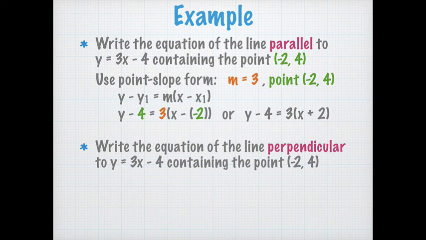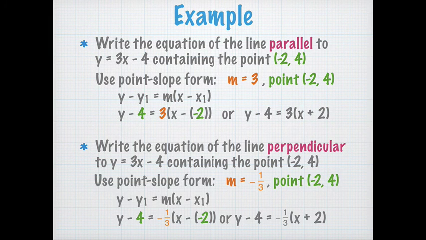Here's another example. Write the equation of the line perpendicular to y equals 3x minus 4, containing that same point, -2, 4. Again, the slope is this time -1/3 because it's perpendicular, so the slope is a negative reciprocal of the original slope. Point is -2, 4.